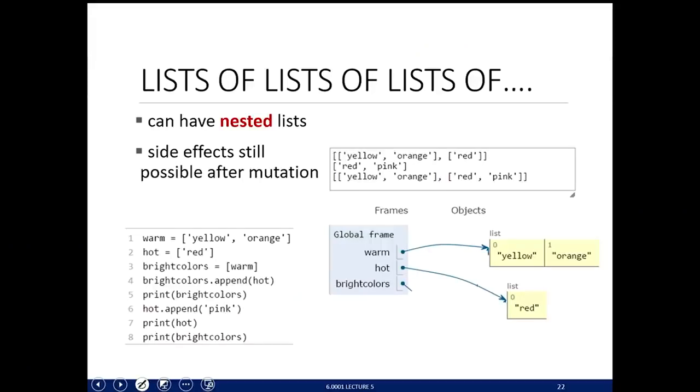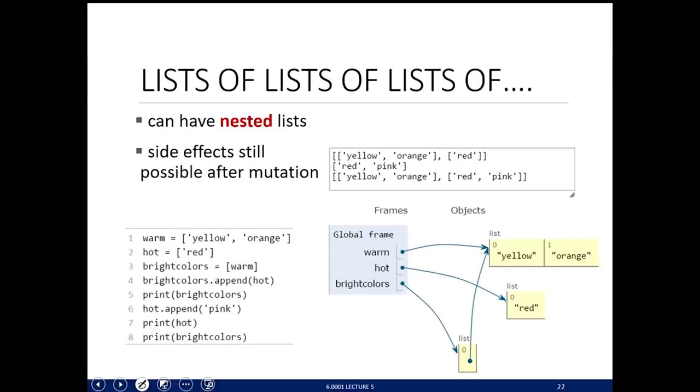So warm points to these 2 colors. Hot is equal to a list with 1 element. Bright colors is going to be a list, and the element inside the list is a list itself. So since it's a list, so this is your list, and the element inside here, which is a list itself, is actually just pointing to whatever warm is, that object.